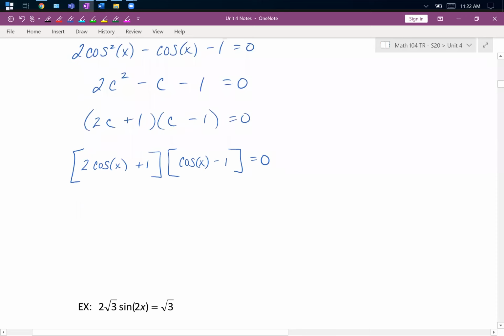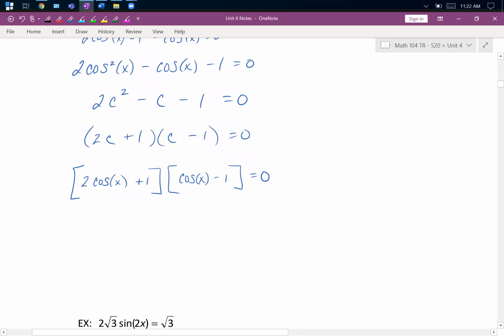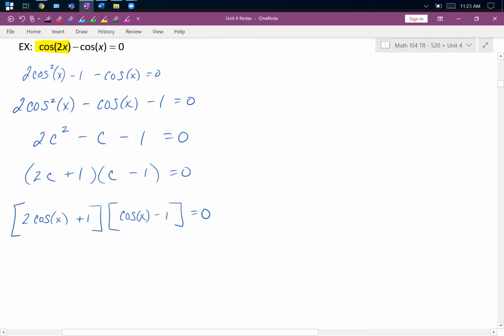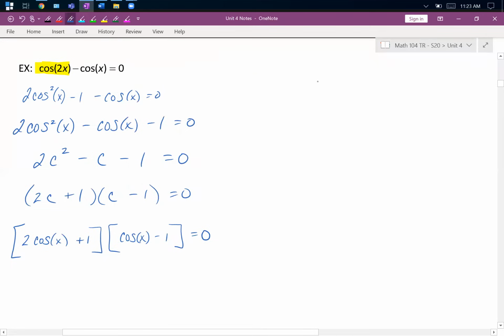Now that we are factored, we can use our zero product property and set each one of these factors equal to 0. We're going to have 2 cosine plus 1 equals 0, and then our other one will be cosine of x minus 1 equals 0, and we'll solve each of these little linear equations.